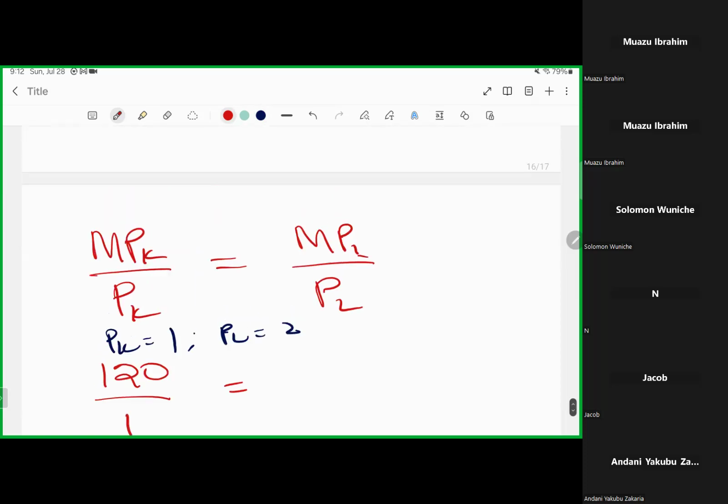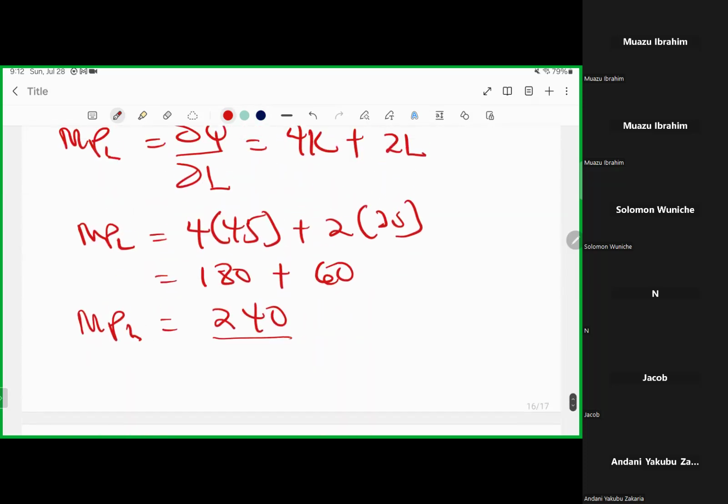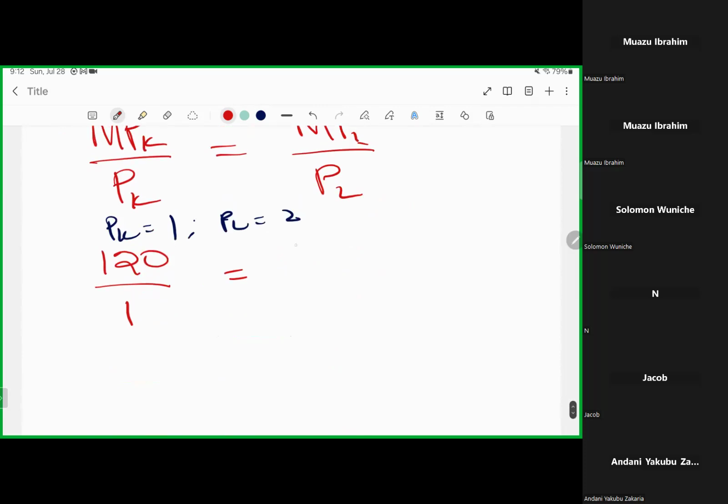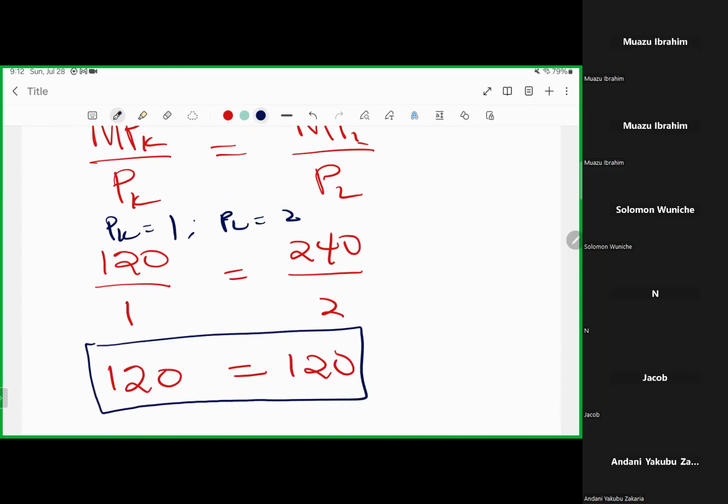What is the marginal product of labor? 240. So marginal product of labor is 240 over price of labor, which is 2. When you divide, you are surely going to have 120. So you have shown it, as shown.